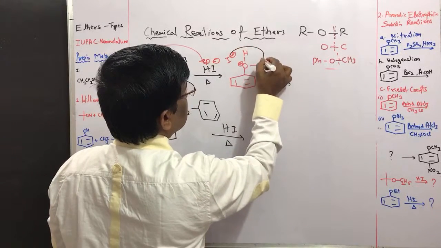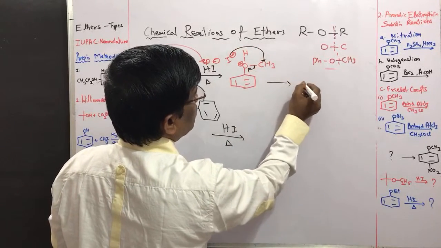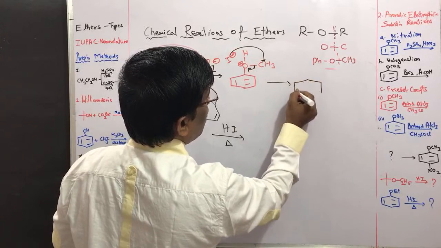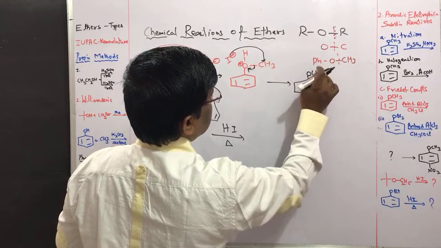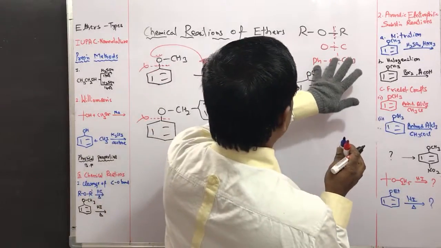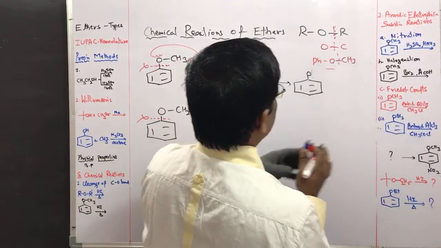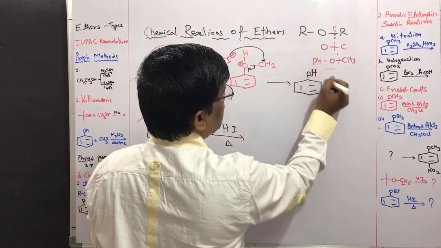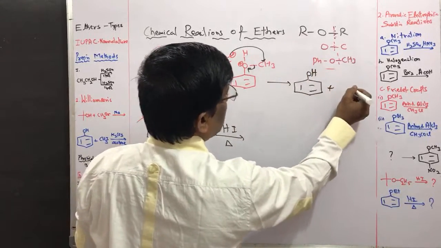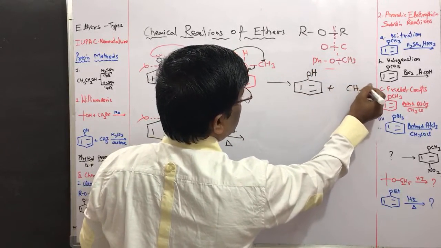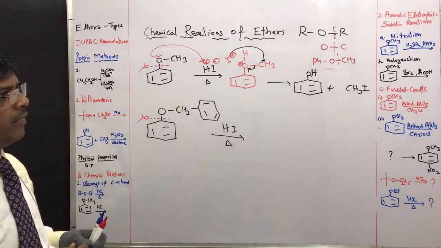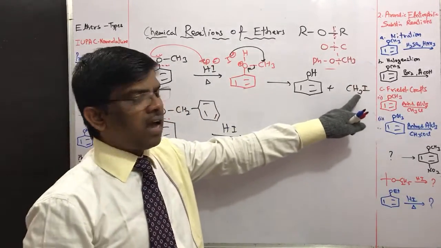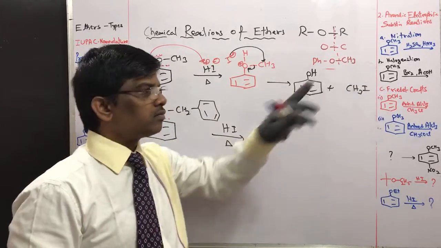This comes here and this takes up a proton to give phenol. So the demethylation reaction is very important, students, in synthetic organic chemistry, for protection and deprotection. So demethylation takes place to give phenol and the leftover other part is iodide. So this is phenol and iodide comes out.